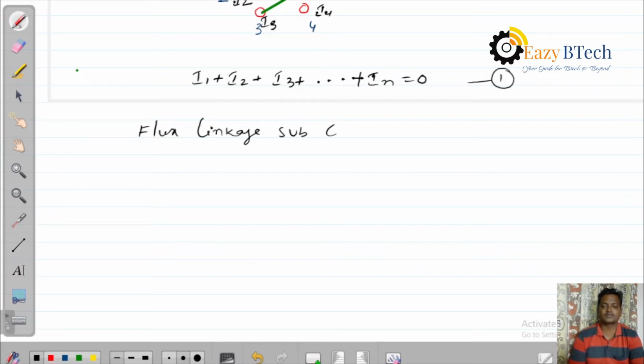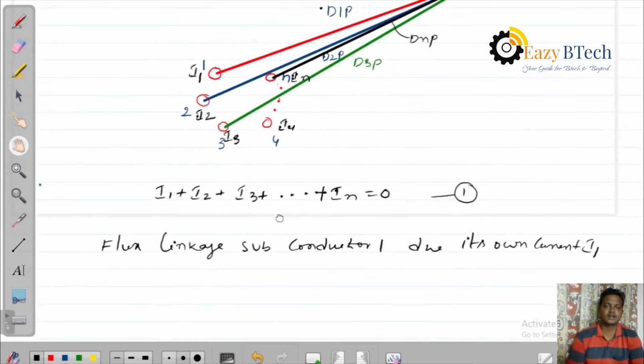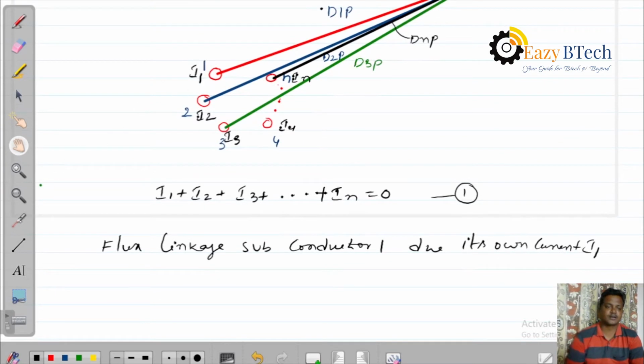Next, first of all, we have to derive the flux linkage of subconductor 1 due to the current flowing through its own current, that is I1. The current flowing through the first subconductor is I1.